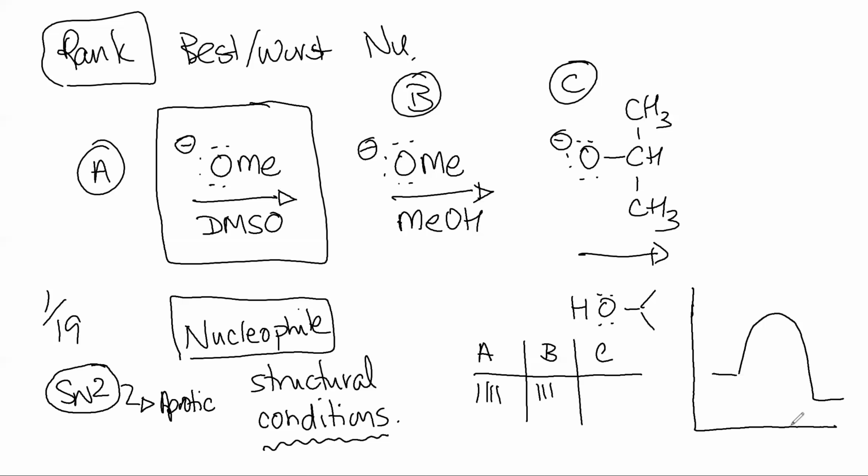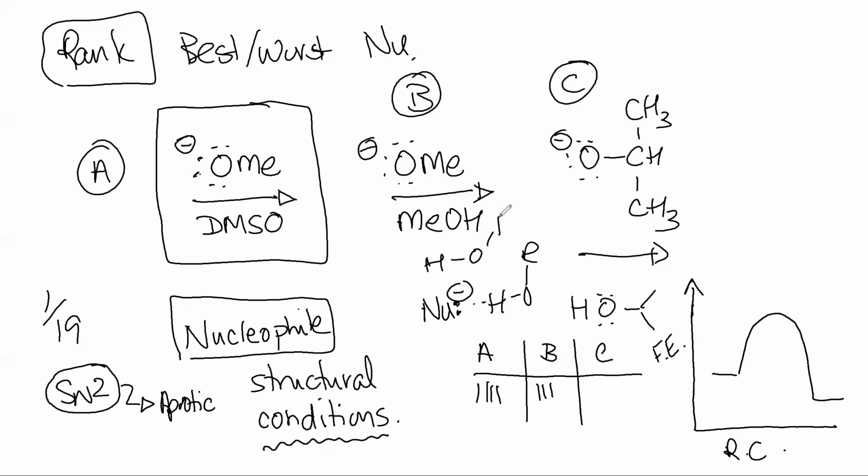So in our little energy diagram over here, free energy against reaction coordinate, if you've got a nucleophile in a protic solvent, this nucleophile's got a negative charge, it's going to be solvated by the solvent.